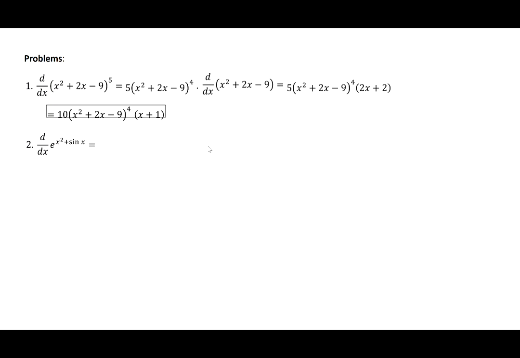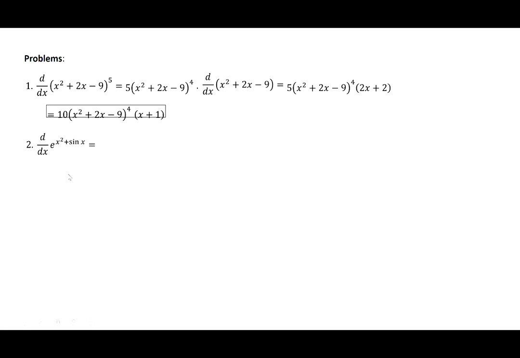Cool. How do I look at it? I see e to the something. Is that a simple e to the x? No. Well, if that is the case, I'll call that u and say I'm looking at e to the u. What is u? x squared plus sine x is my u. Keep that in mind.